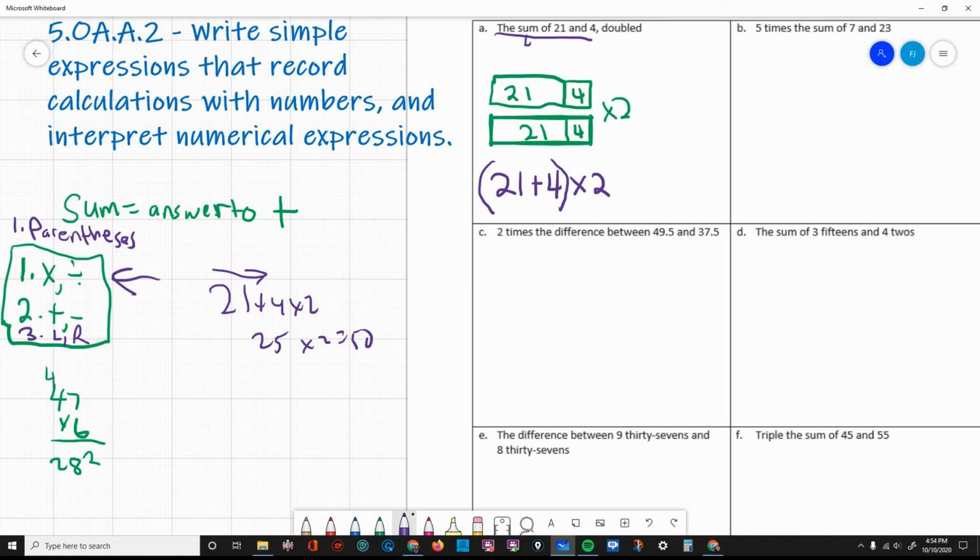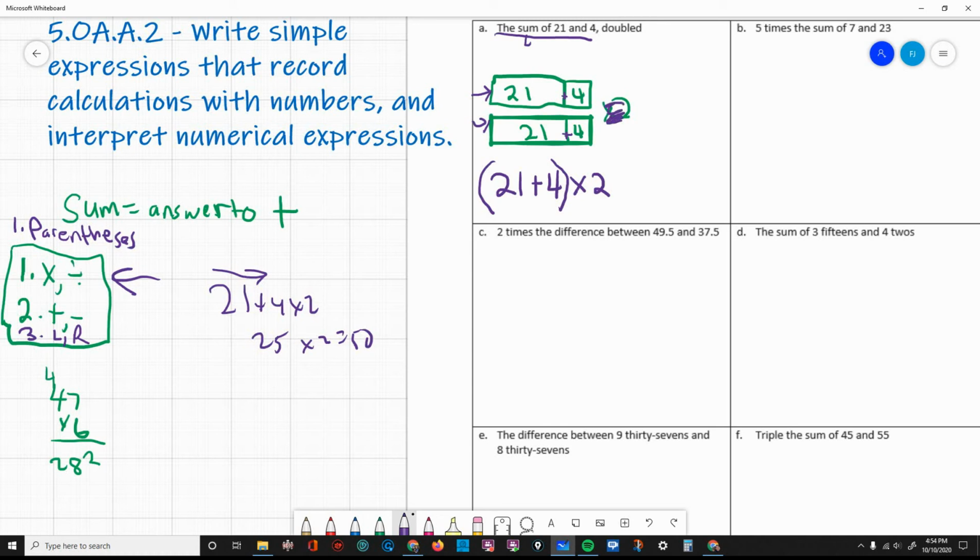You need to do 21 plus 4 first. Just like our little model here that we drew, we didn't really think about it. We just said, okay, let's do the sum of 21 and 4. So we did that. That's kind of the plus here. And then we just did it again because it said double. Well, in order to do that, we'd have to add 21 plus 4 first.